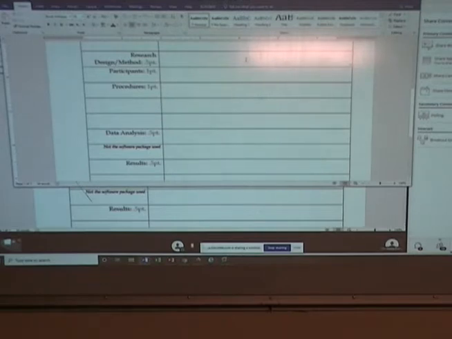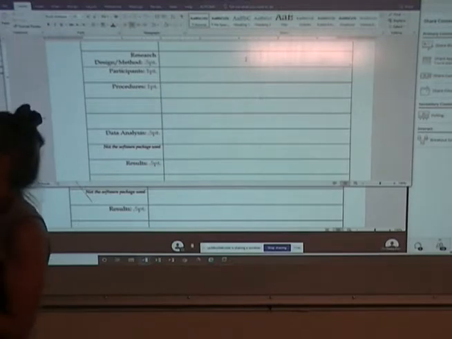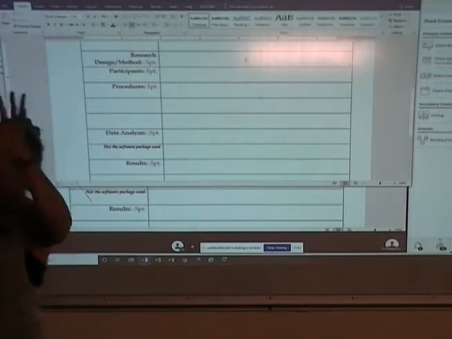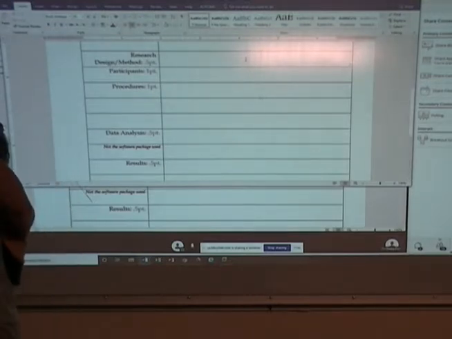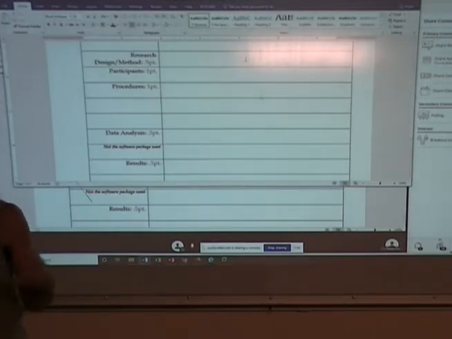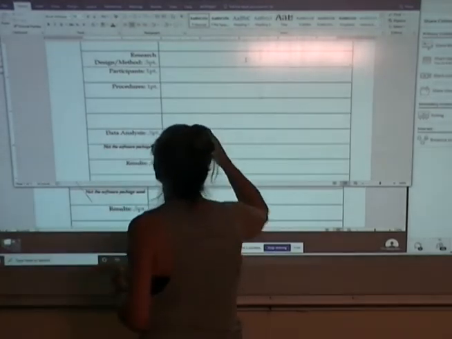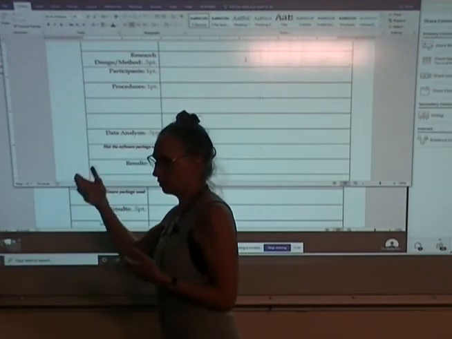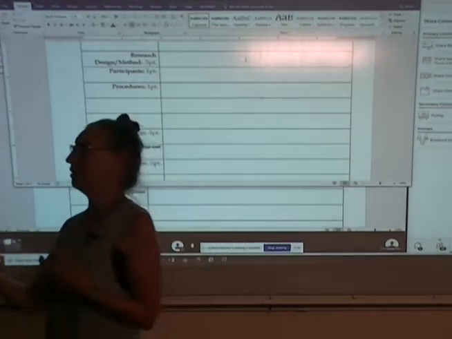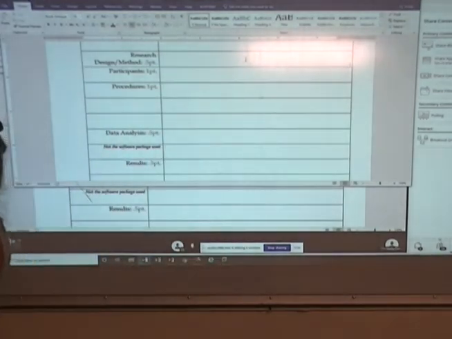The research design, sometimes called the research method, not to be confused with the title methods, tells me how the data was collected. Different method, okay? Research design, again, not always something that you would identify in a summary, but something that I think it's important for you to learn to be able to recognize, all right?